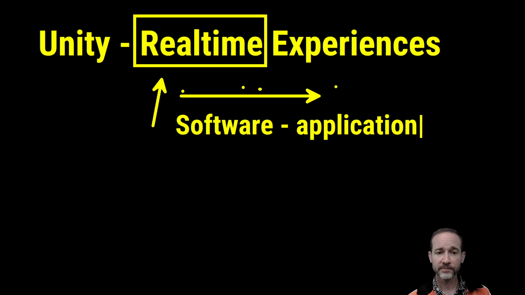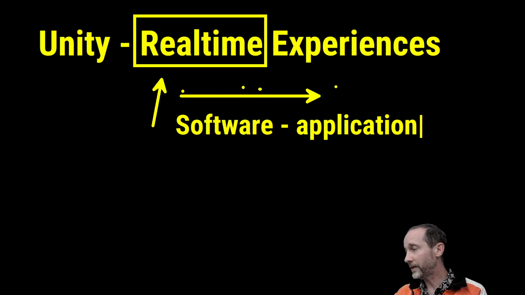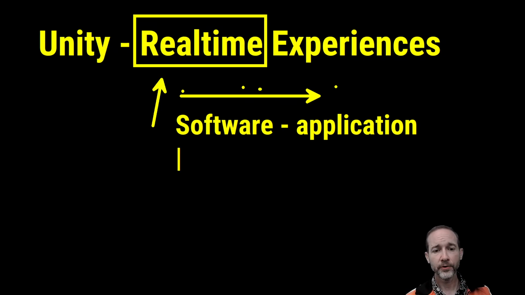In our case, we're going to be directed solely at making a Windows app game that you can play on most Windows machines, right? And so this is software development.